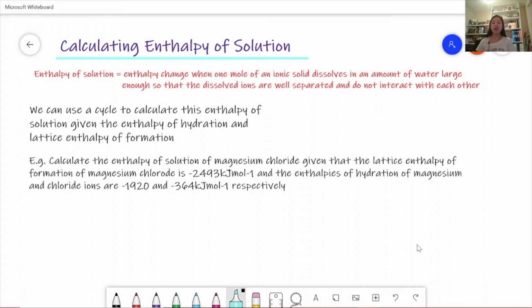And so we can see that we can have a cycle kind of like this. So you'd have gas ions at the top, and then you'd have the ionic solid, and then you'd have dissolved ions.